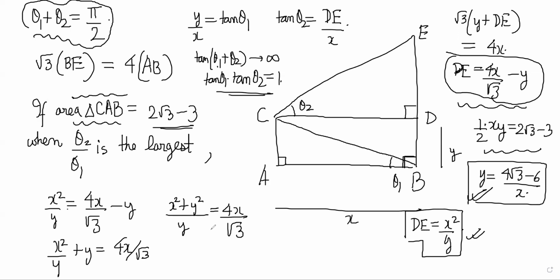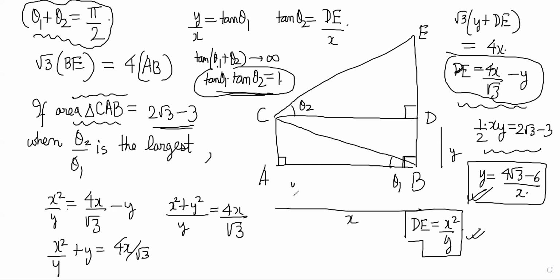Still coming something here. Theta 2 by theta 1 is maximum when... this part is 1. From this part we got basically y by x times DE by x.